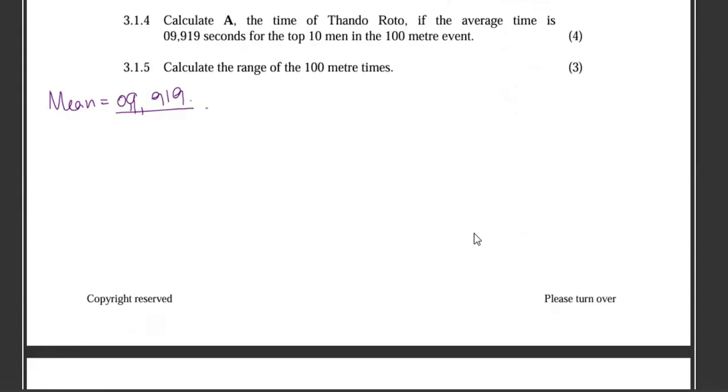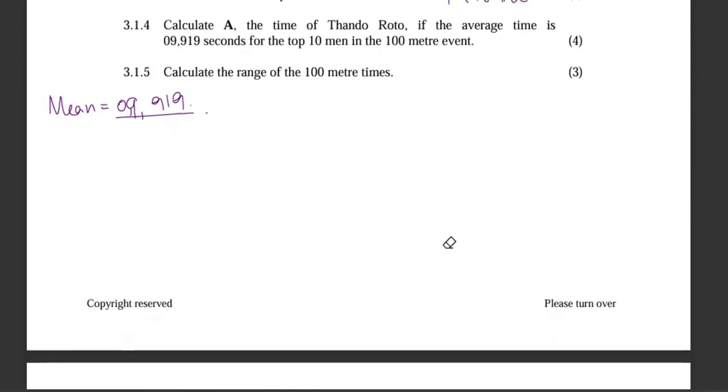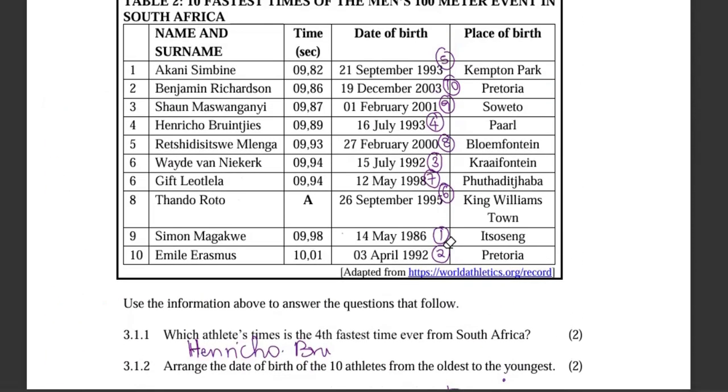You know very well, in the mean, we add all the values and we divide it by the number. That's what we need to do. So we're going to add all these values here, only the normal values, because this one is missing. It's what we are looking for.